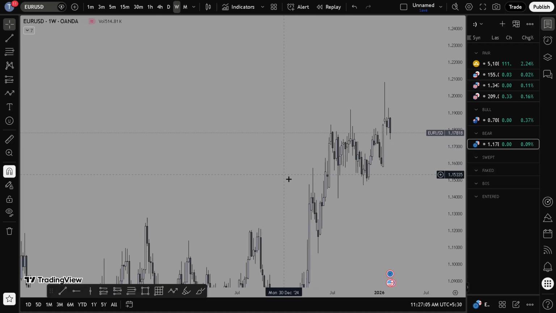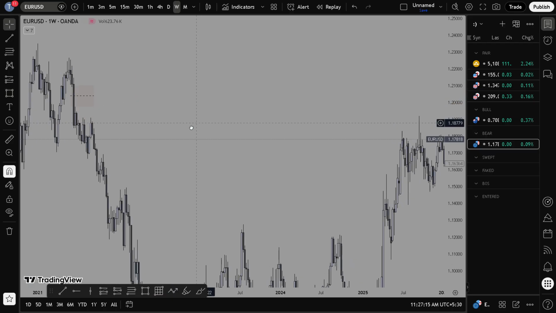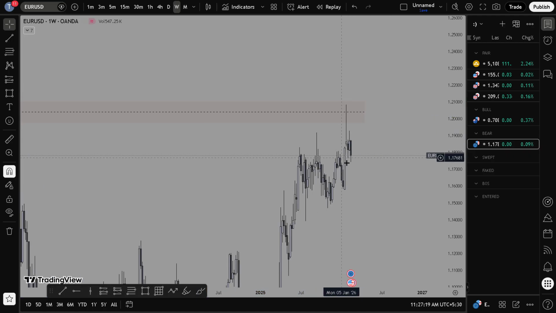So what do we have? We do have this weekly fair value gap. We tanked into that weekly fair value gap, and then what? We got rejection.